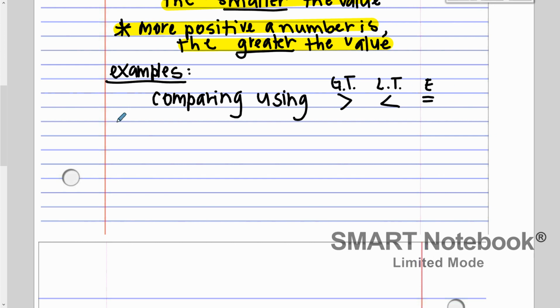So the first example we are going to look at is -2 and 3. I'm going to show you how you can use a number line to do this, but if you can do this without a number line, that's fine as well. When we make number lines, we always put 0 in the middle, and we want to count up to the positive value that we need, which would be 3.